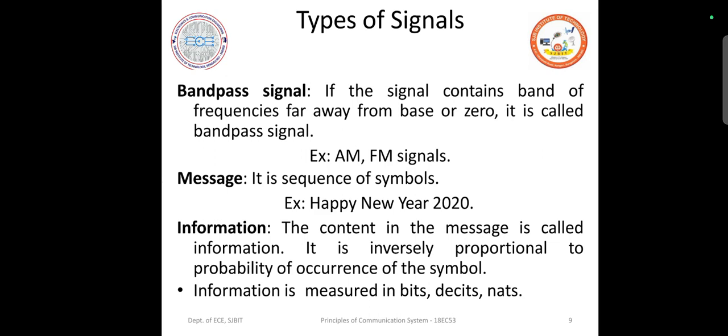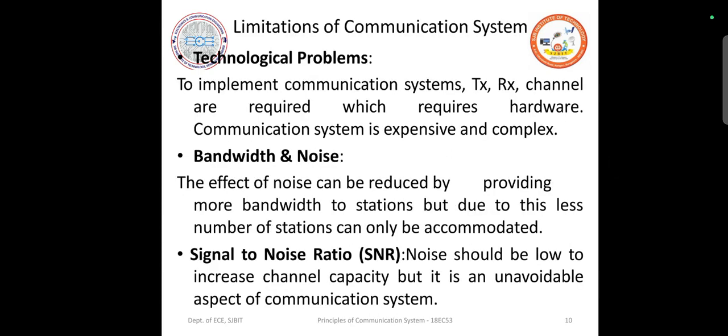It is basically inversely proportional to the probability of occurrence of the symbol. This point is quite important, but for the analog communication part, it may not be as important for us, but still as a basic we can discuss it. Information is measured in bits, decits, or nats. These are the normal units that we can use for measurement.